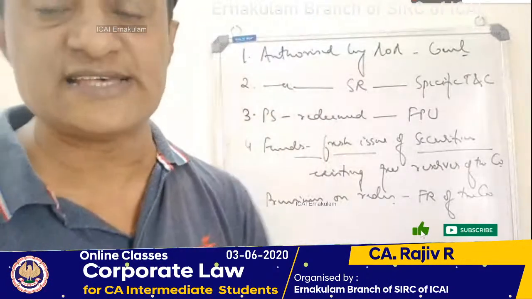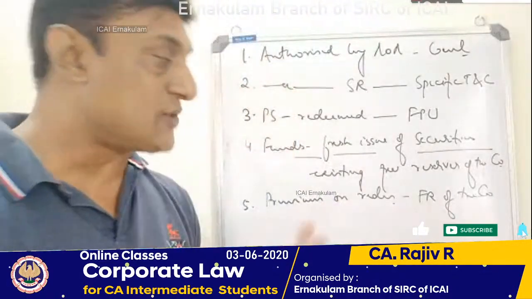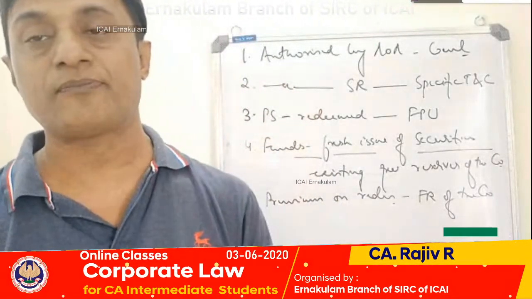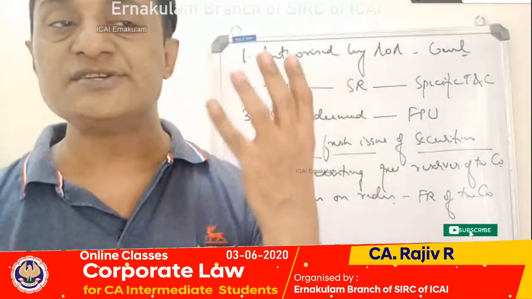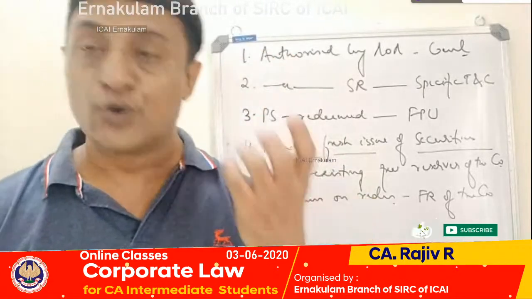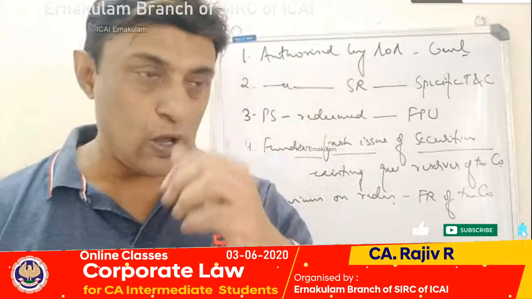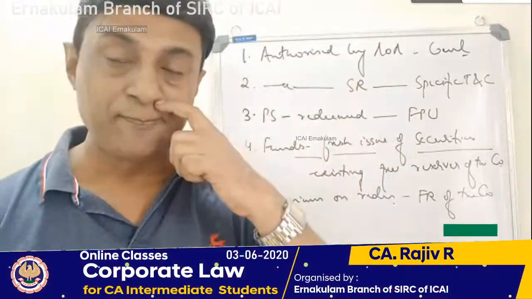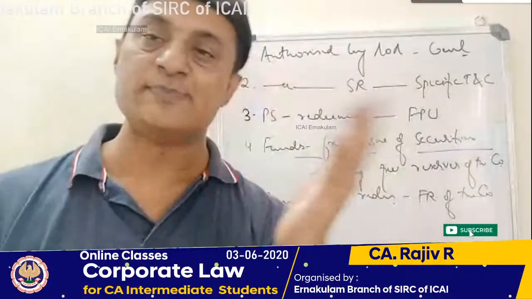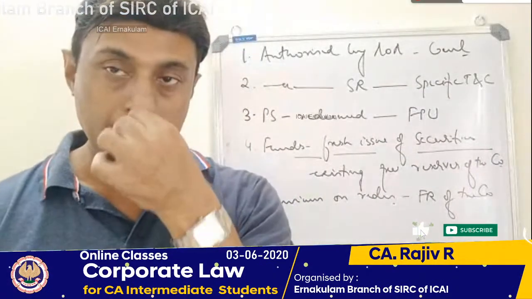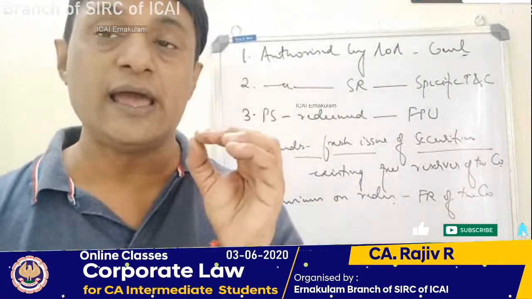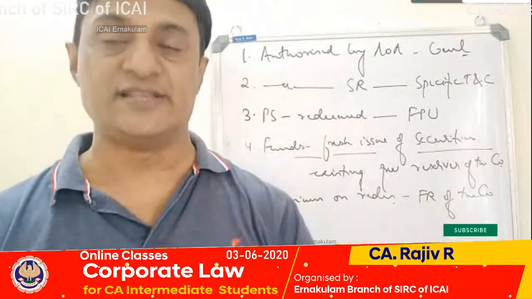Why I had stopped the last time was I wanted you fresh to understand this sixth condition. The sixth condition is something very, very crucial, very omnipotent. It has repercussions across the different subjects that you study. And I will be coming to the aspect on connecting this with the other subjects.